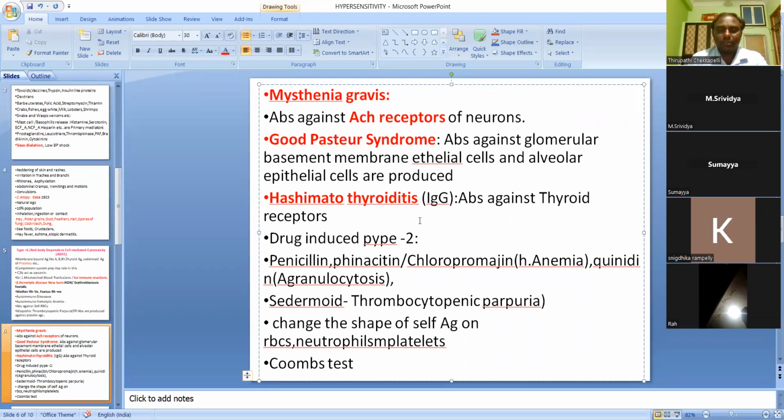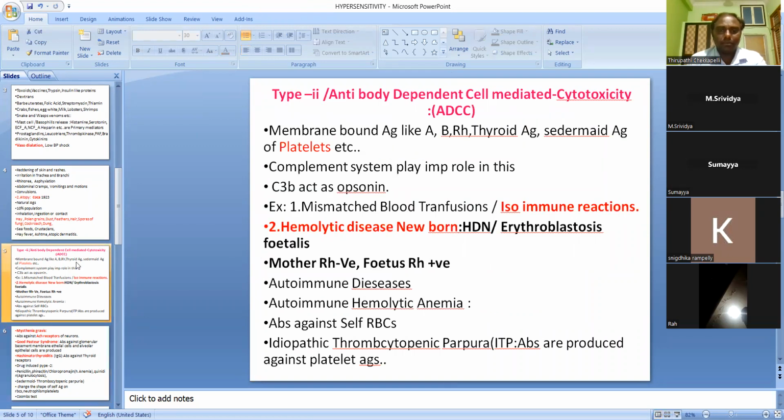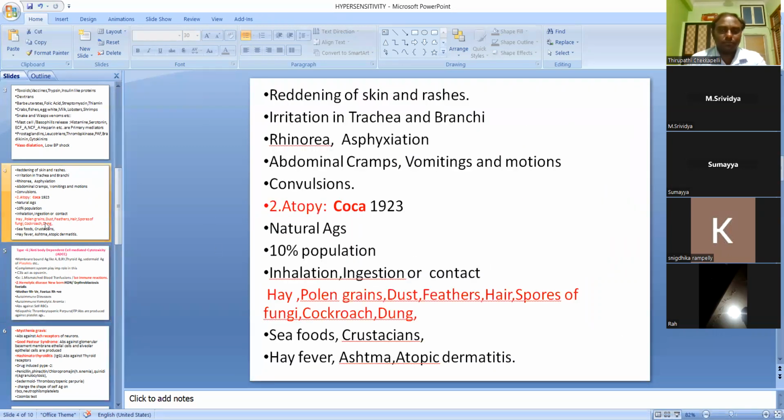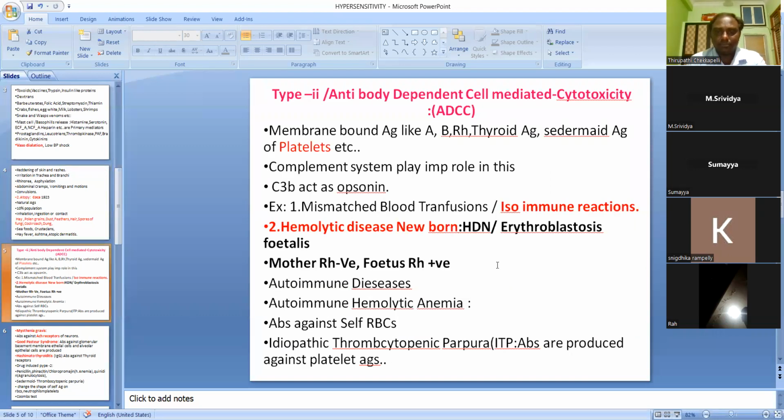Till now we discussed autoimmune disease, HDN, and isoimmune reactions. Don't get confused by isoimmune reactions. That is number 1. You should not be confused.